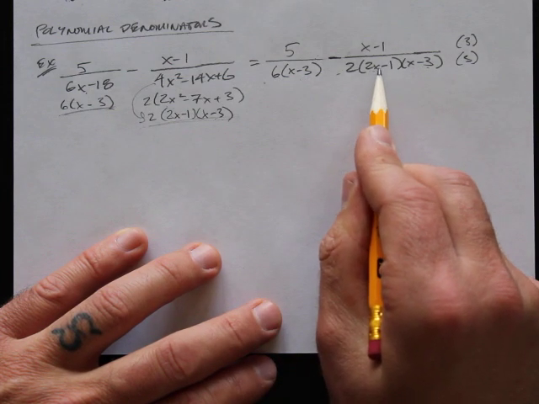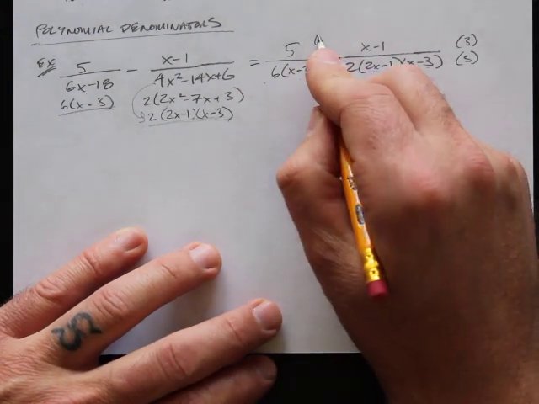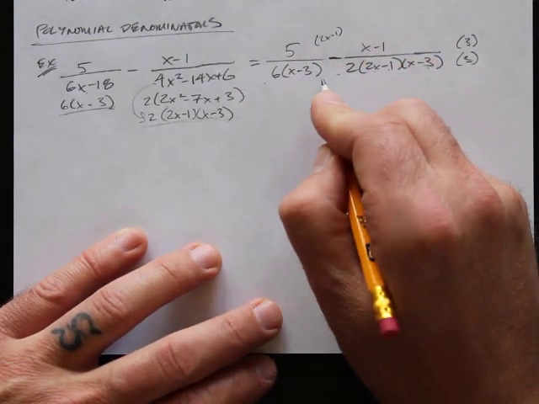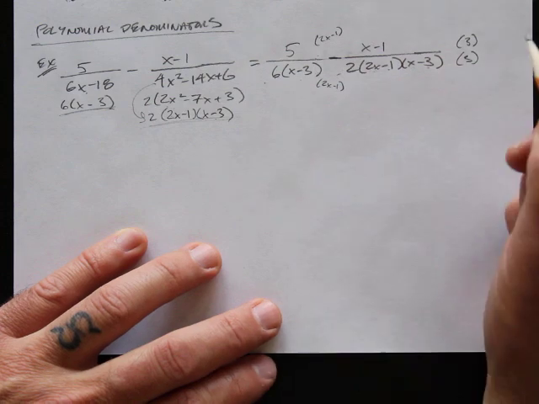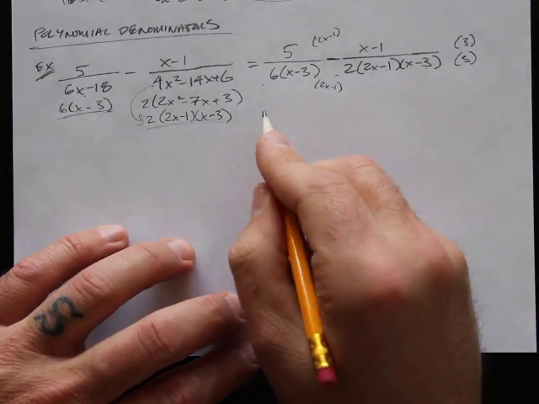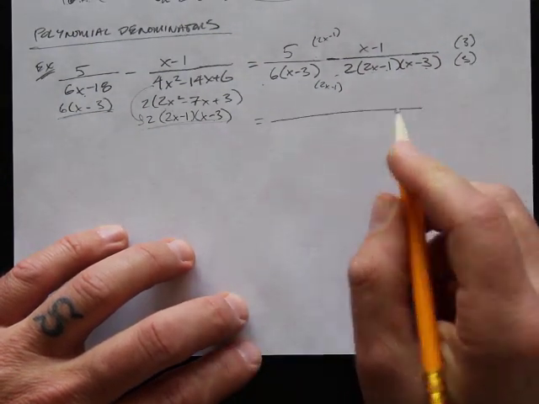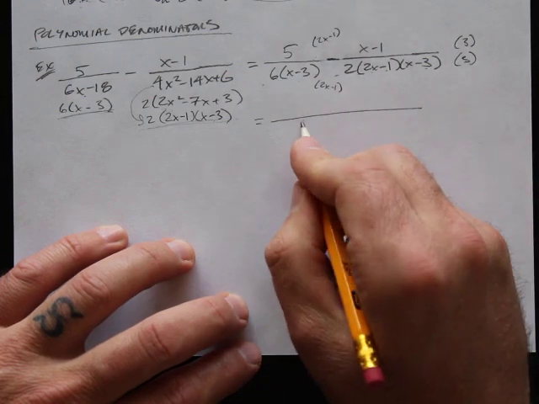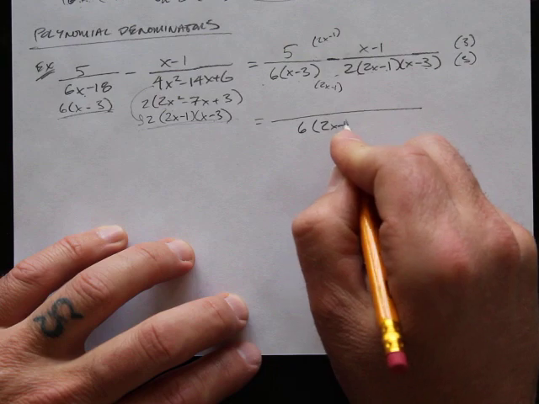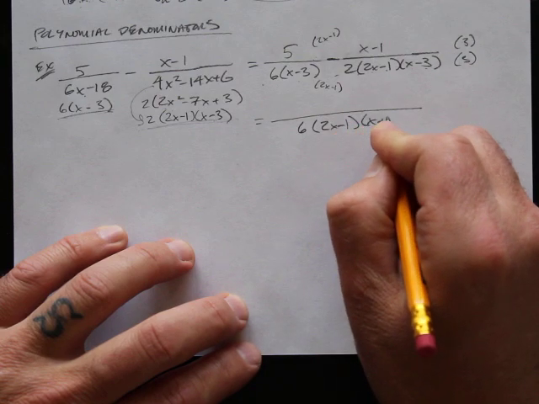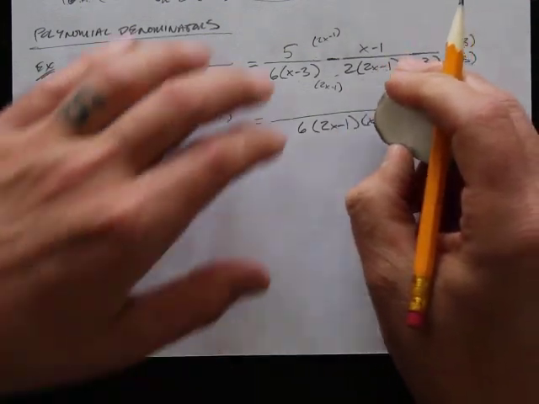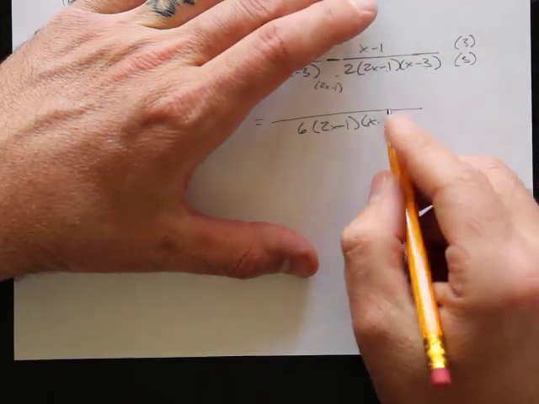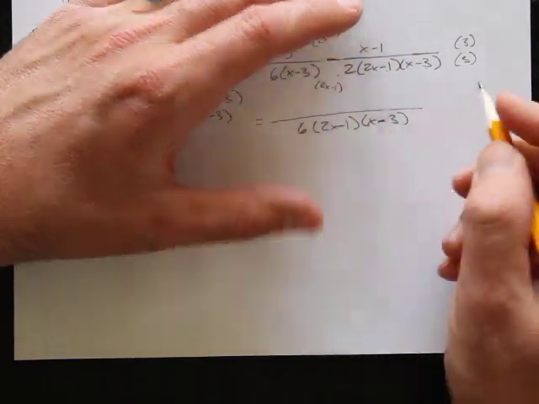I just need this 2x minus 1, so I'm going to multiply the top and the bottom by 2x minus 1. Let's rewrite the denominator now as 6 times 2x minus 1 times x minus 3. So that's our common denominator.